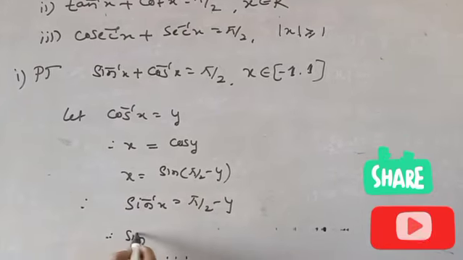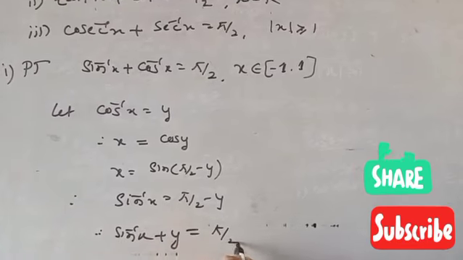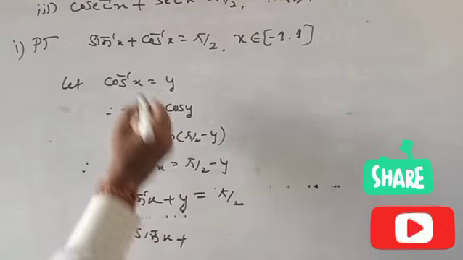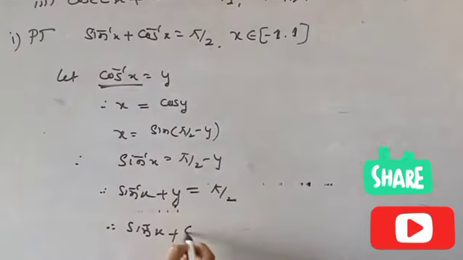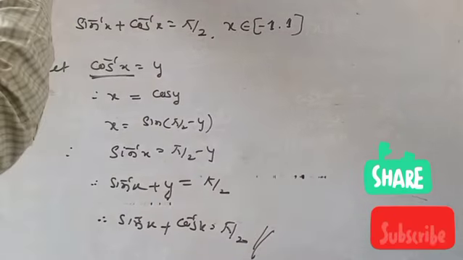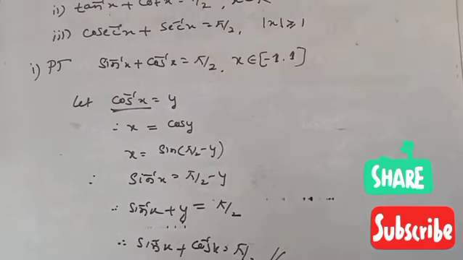Therefore, sin inverse x plus y, bring this side, is equal to pi by 2. Therefore, sin inverse x plus y, which is taken as cos inverse x, is equal to pi by 2. Hence, we prove this property, sin inverse x plus cos inverse x is equal to pi by 2.